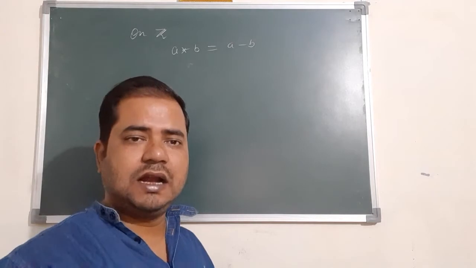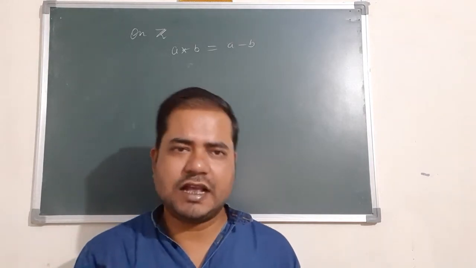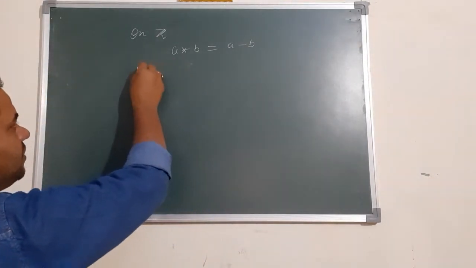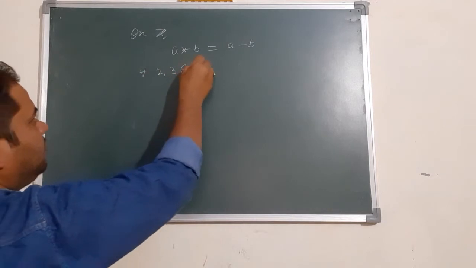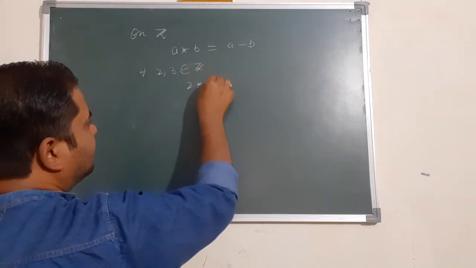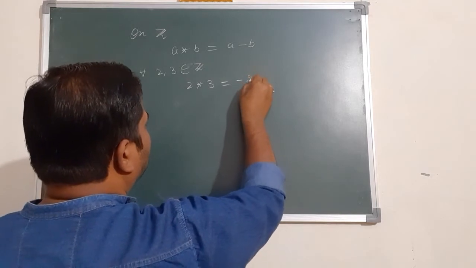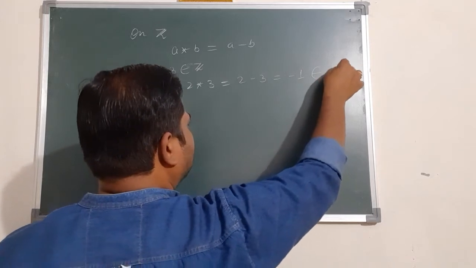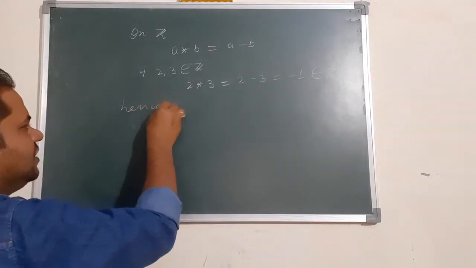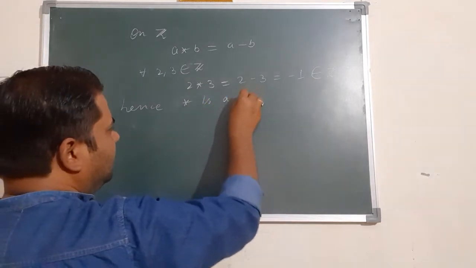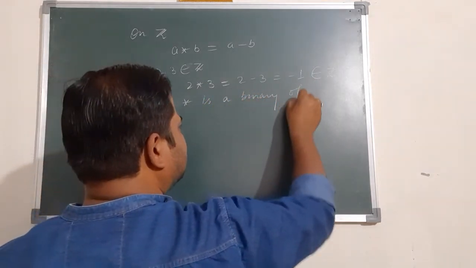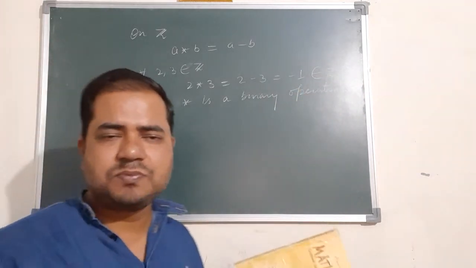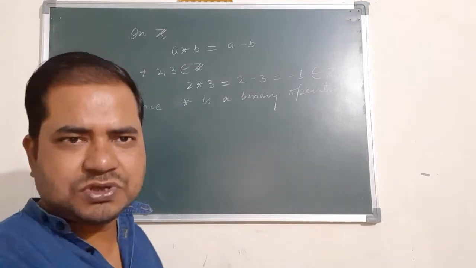So if we talk about Z, this Z contains positive as well as negative integers. On Z, suppose for each 2, 3 belongs to Z, 2 star 3 is 2 minus 3, this is minus 1, and this also belongs to Z. Hence star is a binary operation. Okay, but is this binary operation commutative or associative?